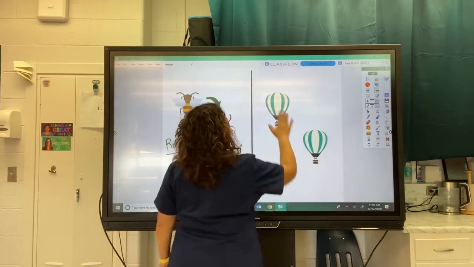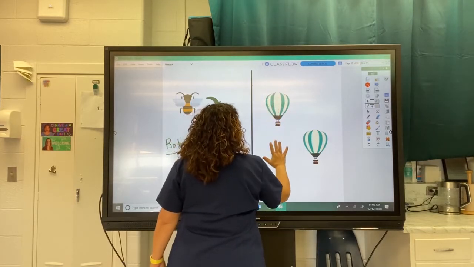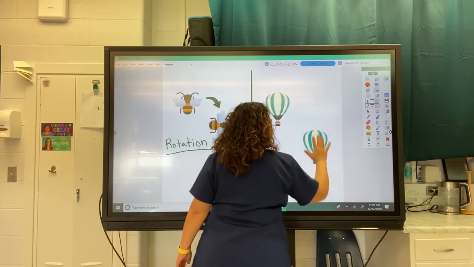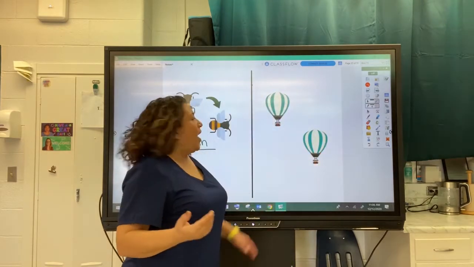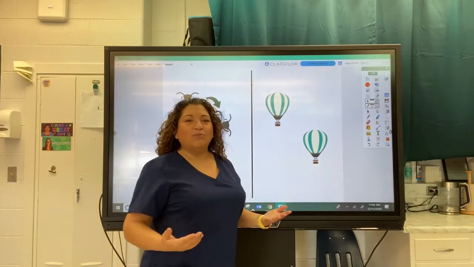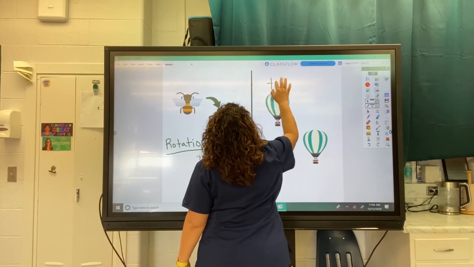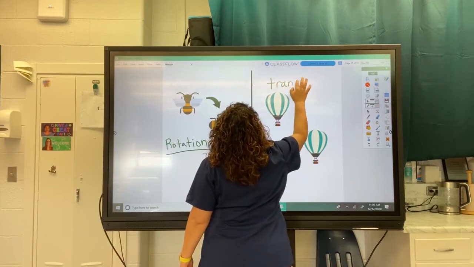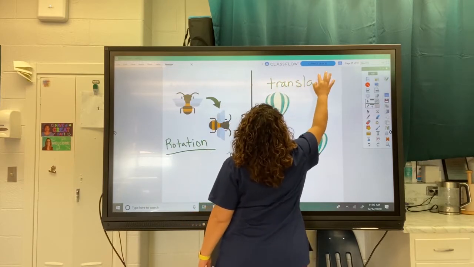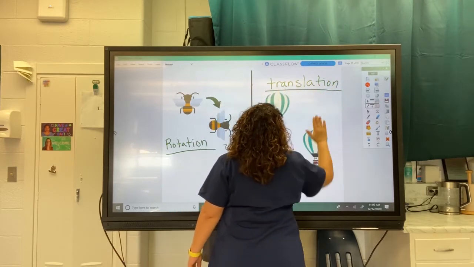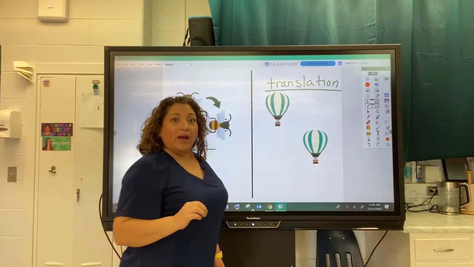There are really a couple of ways. It could slide down and over, or it could slide over this way and down. But either way, it's staying the same shape and facing the same direction. So this is definitely just a translation because it is just sliding around.